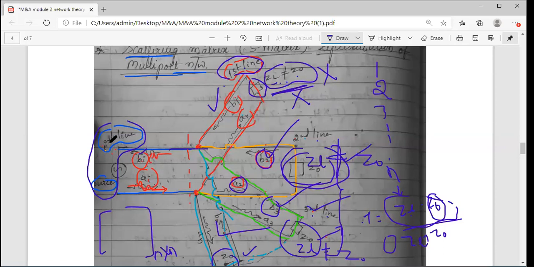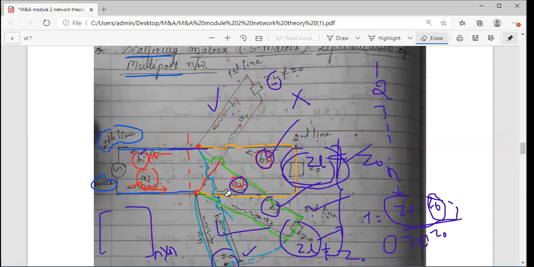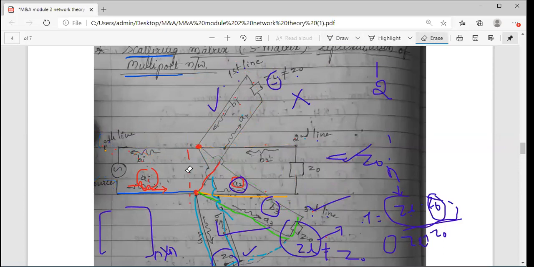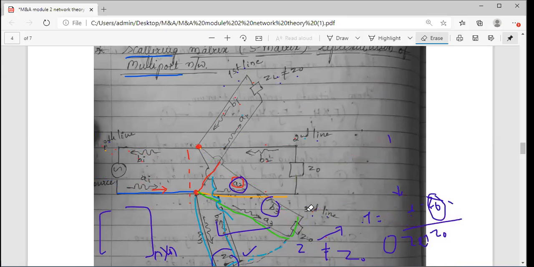So first time, source is the ith line, first line has the load ZL. Okay, let me just erase this, it's looking very shabby. First time what I will do, I will keep the ith line the same for every connection. So first combination is, the load of the first line will not be perfectly matched, ZL not equal to Z0.